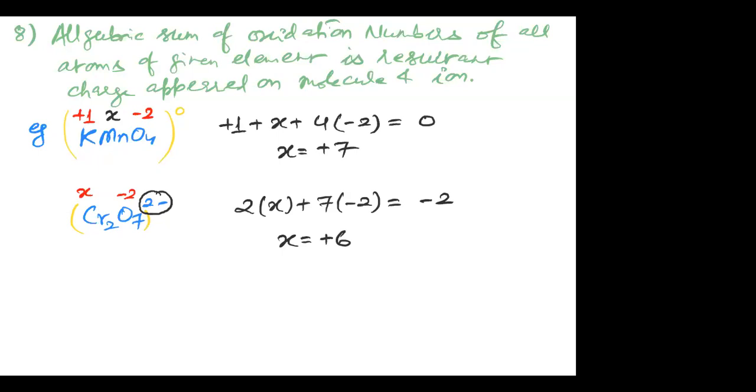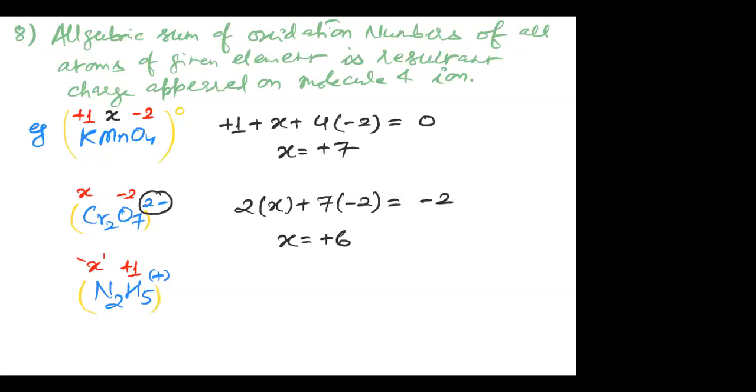Similarly, let's say suppose ion is going to be N2H5+. It is known as hydrazinium ion, in which hydrogen, which is found to be more electropositive than nitrogen, can have +1 by rule. You can imagine, let's say, nitrogen is going to be X. The resultant charge on this hydrazinium ion is found to be, let's say, +1.